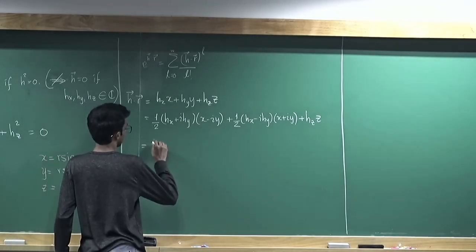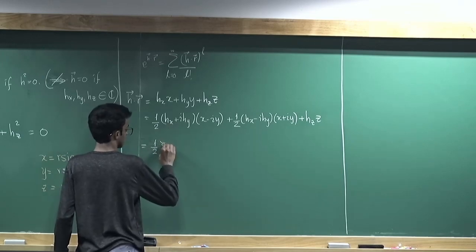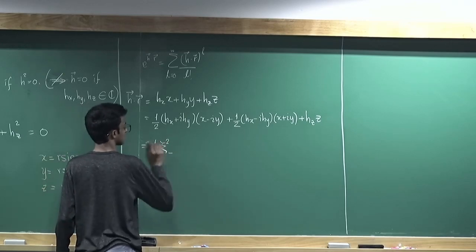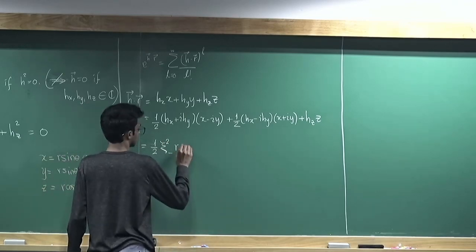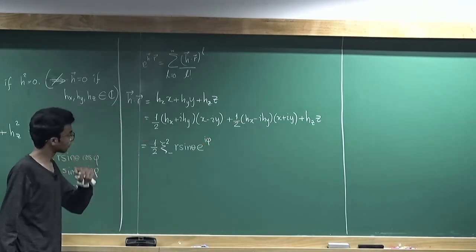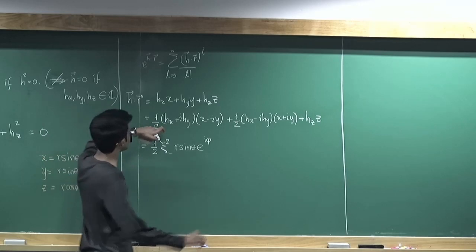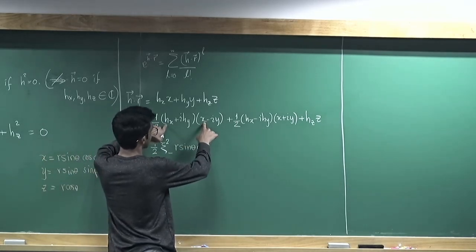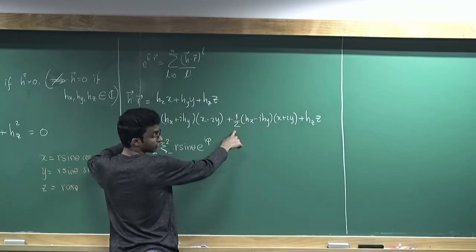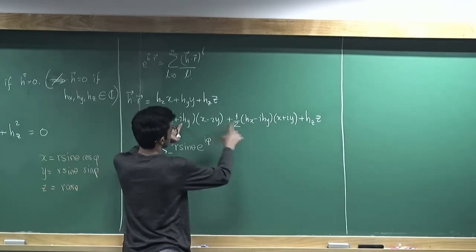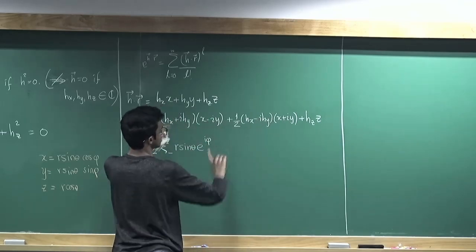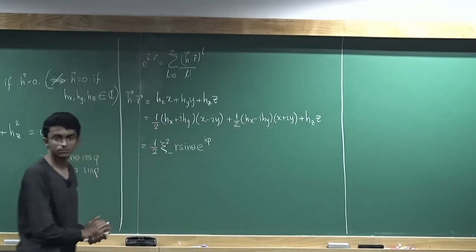So this becomes half xi minus squared, which is what I parameterized it as, times r sine theta e to the i phi. You see that hx with x gives you x hx plus hx x, so that's 2. So I put a half to get rid of that 2. Same thing with the other terms. And the cross terms vanish, which is why these minus signs are there.